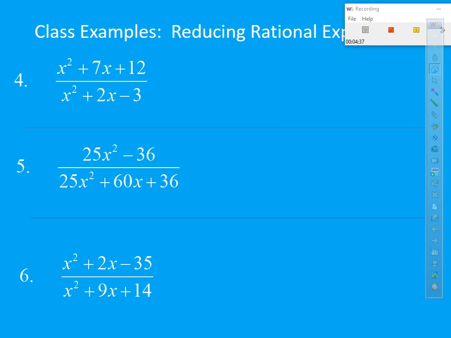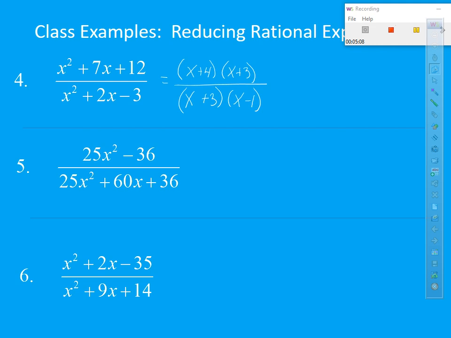Here's your number 4. What you cannot do is this. You can't cancel anything out like that. I need to write x squared plus 7x plus 12 as something times something. So I'm going to factor it. This becomes x plus 4 times x plus 3 over x plus 3 times x minus 1.